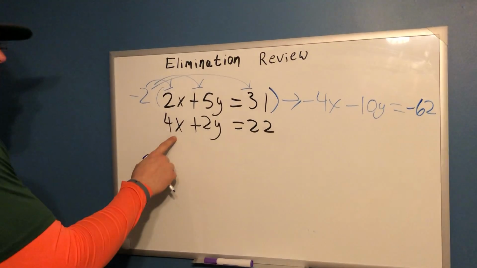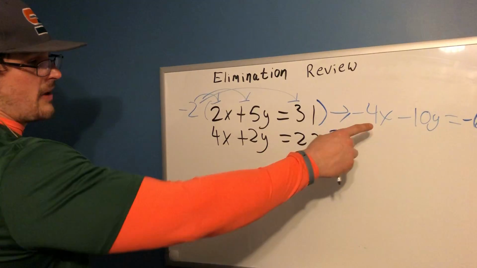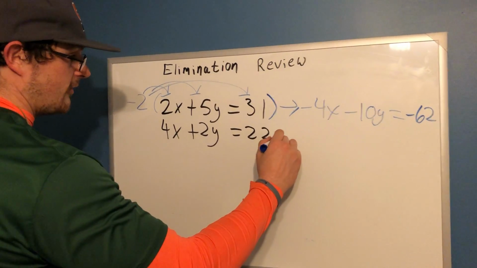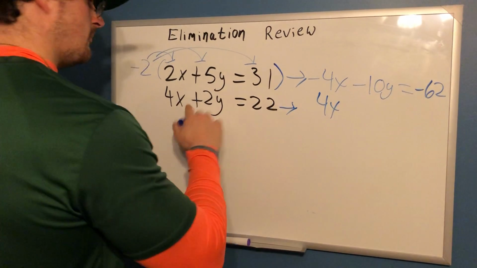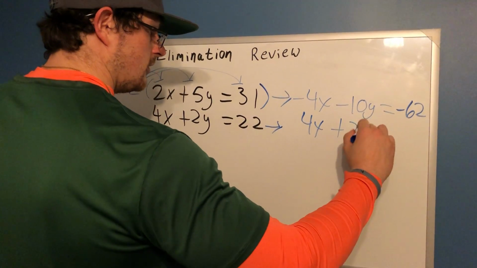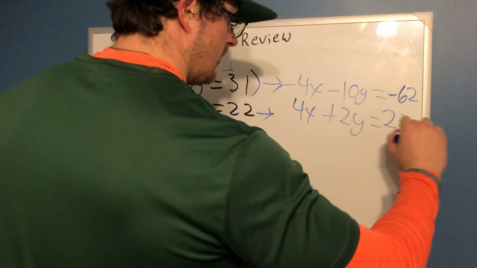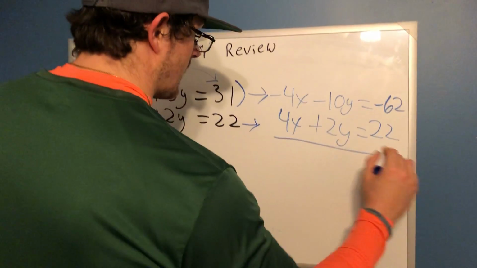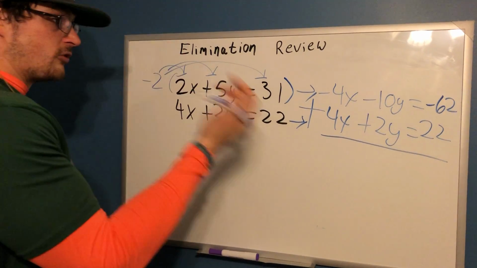Now, I don't have to do anything to the bottom equation because that's already a positive 4. What cancels out a positive 4? A negative 4. So I'm just going to slide this one over: 4x plus 2y equals 22. Now I'm just going to combine my terms. Put the big plus sign, and now all I'm doing is combining my terms.